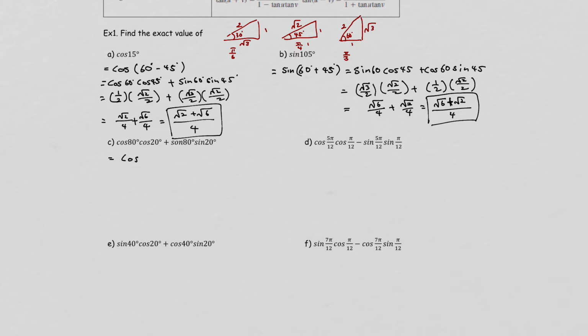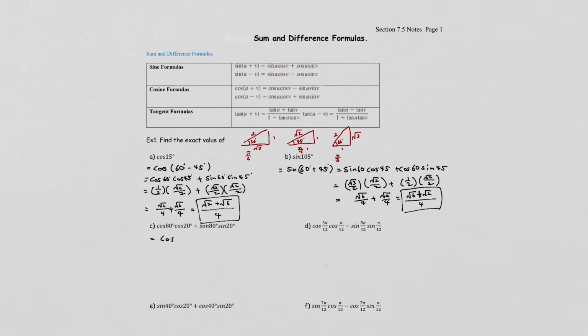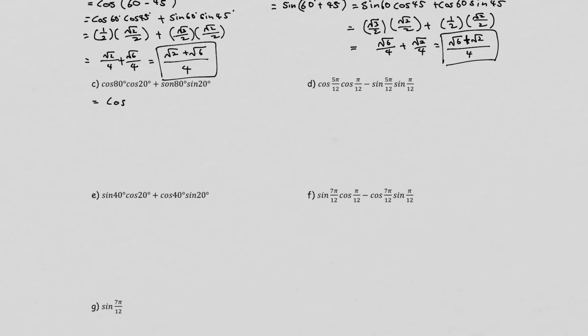So when I combine this, when we're looking at the formula, we're going in this direction, right? Because you have cosine, cosine together and sine, sine together, that's going to be the cosine formula. And it will be addition, meaning the same addition. So you're doing 80-degree plus 20-degree.